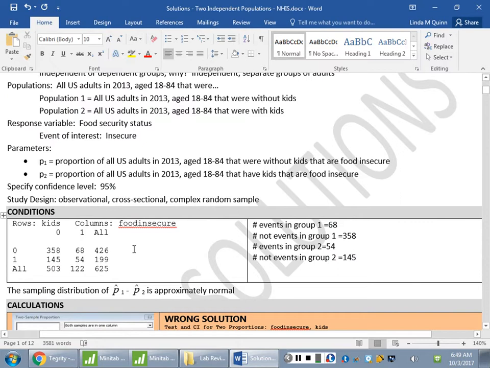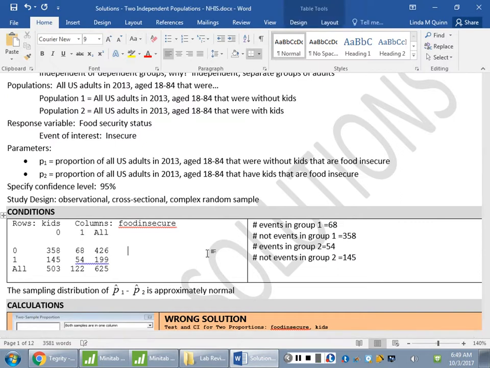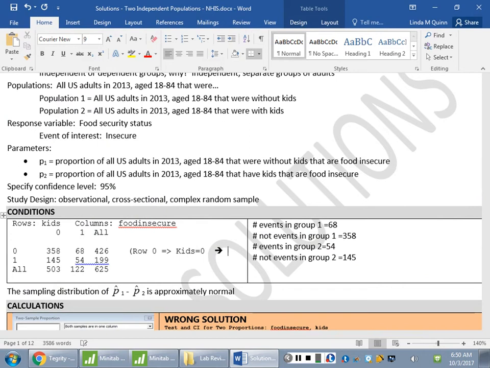I want to remind you that row 0 is equal to kids 0, which is equal to without kids.